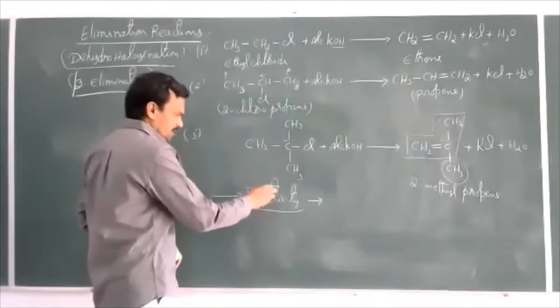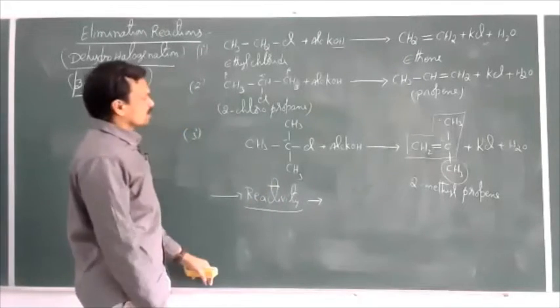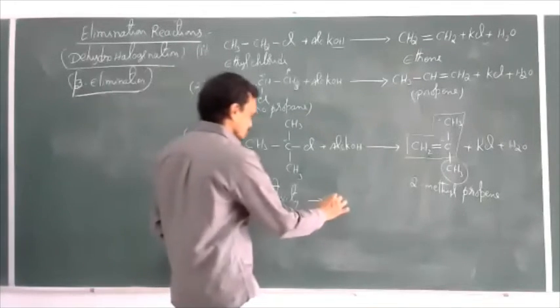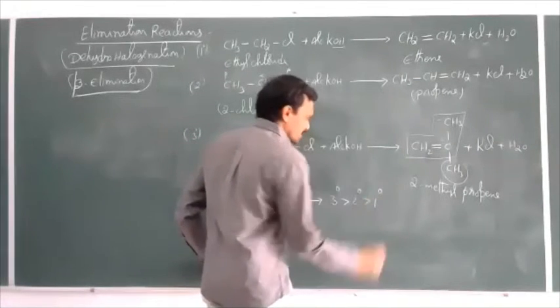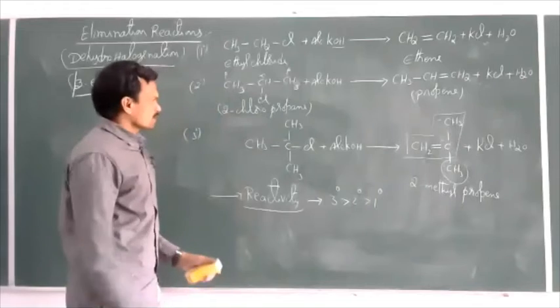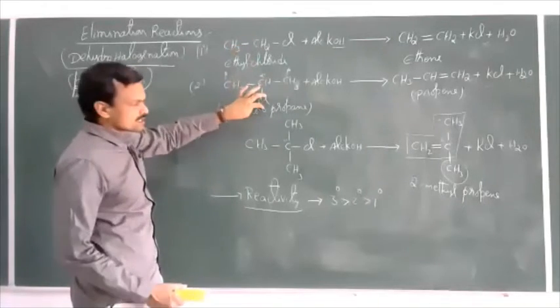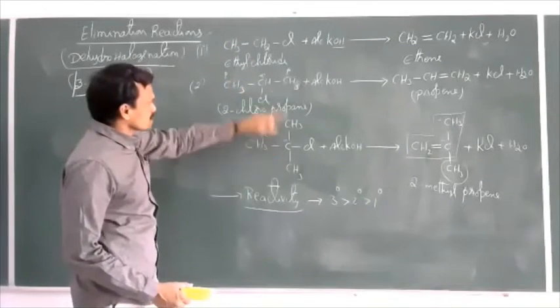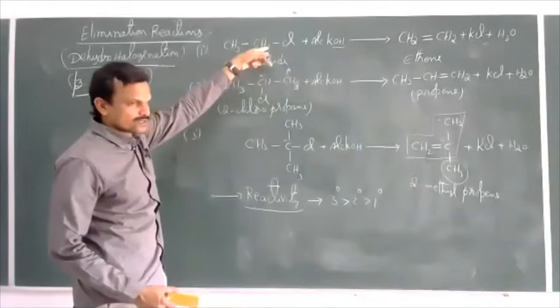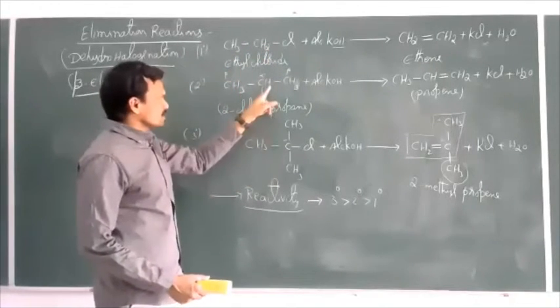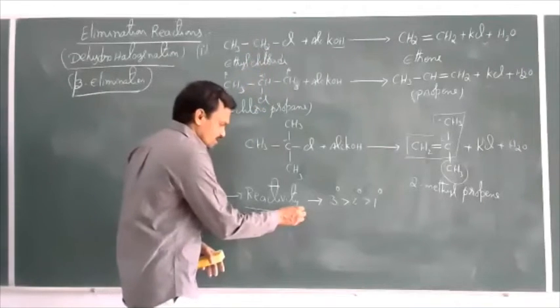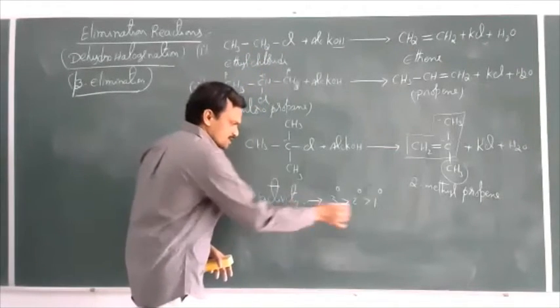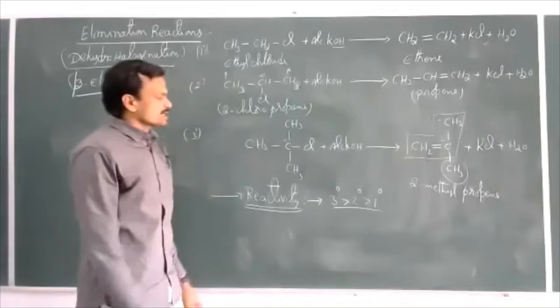The order of reactivity of haloalkanes towards elimination reaction is tertiary greater than secondary greater than primary. That means the third one is greater than the second, which is greater than the first. This is tertiary, this is secondary, and this is primary. So the reactivity order for elimination reactions of haloalkanes is tertiary greater than secondary greater than primary.